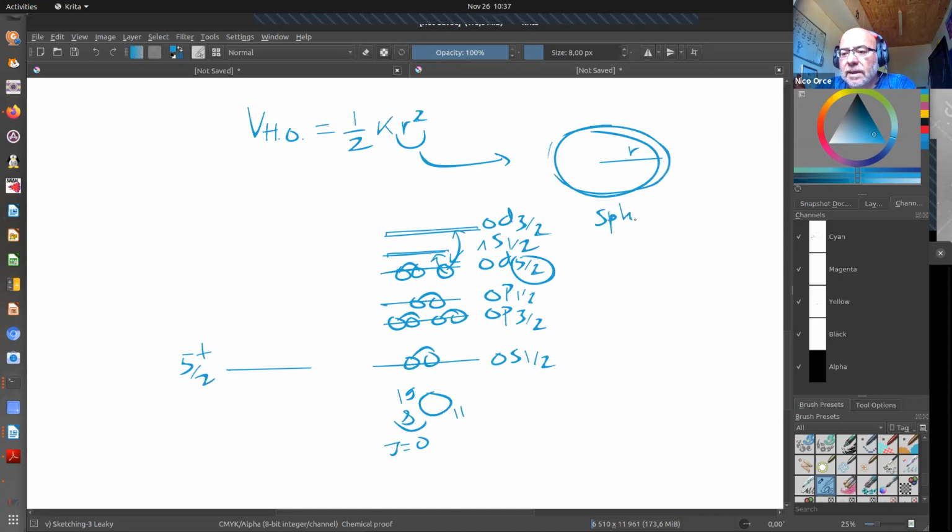So this study that we are doing is good for spherical nuclei. If the nucleus is not spherical anymore and there's some kind of deformation, deviations will happen. So like in oxygen 19, we are fine here.